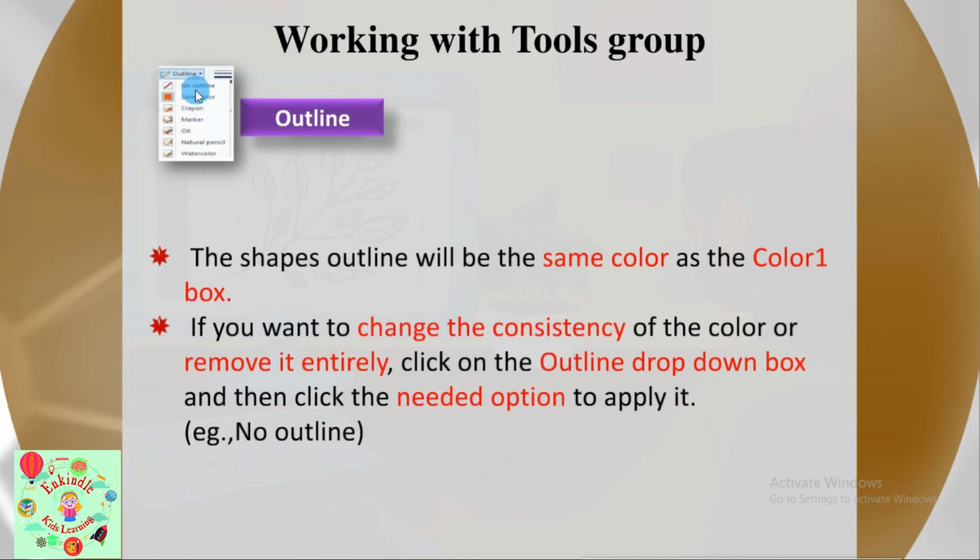For example, when you click on the drop-down arrow in front of the outline tool, you will find these options. Suppose you don't want any color on the outline, you will have to click on this option, that is no outline. Let me show you how this outline tool works.